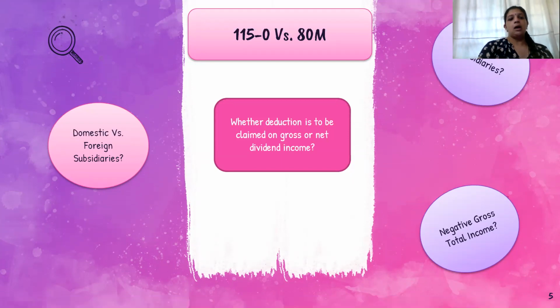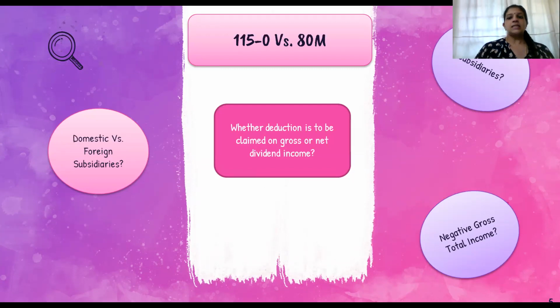Next would be domestic versus foreign subsidiaries. As mentioned earlier, Section 115O is available to subsidiaries. Therefore, it applies to both foreign subsidiaries and the domestic subsidiaries, whereas 80M is available only to the domestic companies. Therefore, subsidiaries which are domestic companies can only apply for this benefit.